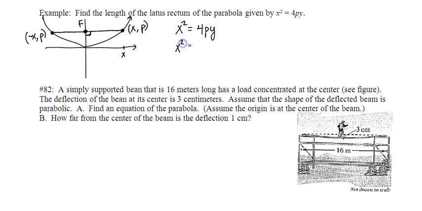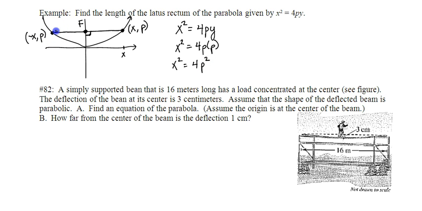That keeps it x squared. I still have the 4, I still have the p, but now if I plug this point into my equation, my y value is equivalent to p. Which from here gives me x squared equals 4p squared.